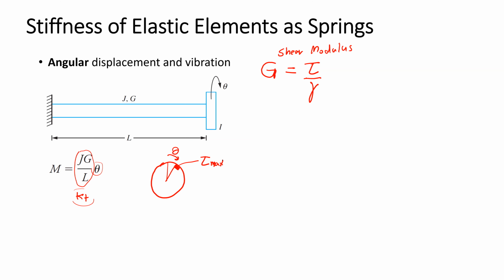The max shear stress on the surface of the rod is given by the magnitude of the torque, or maybe to prevent confusion with tau, the moment that we apply.